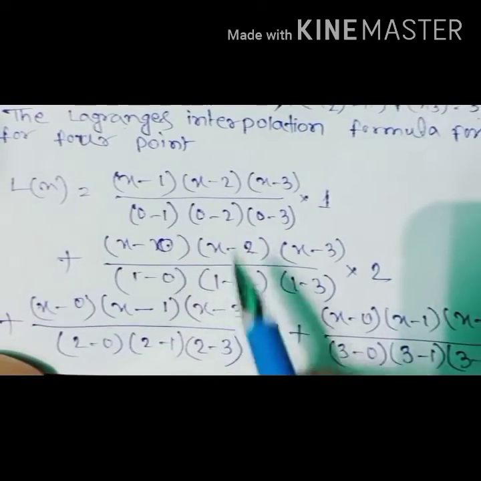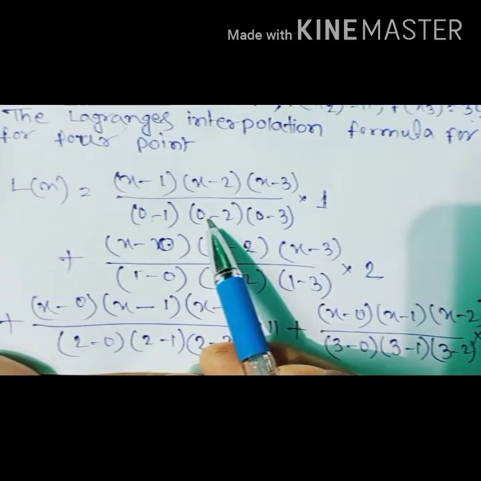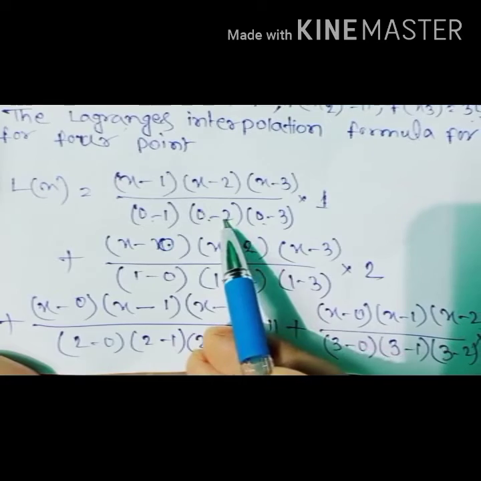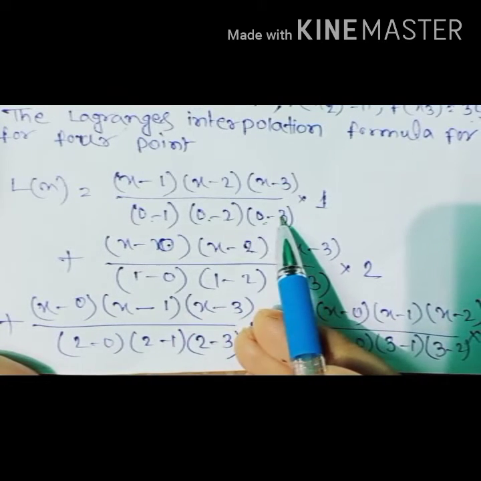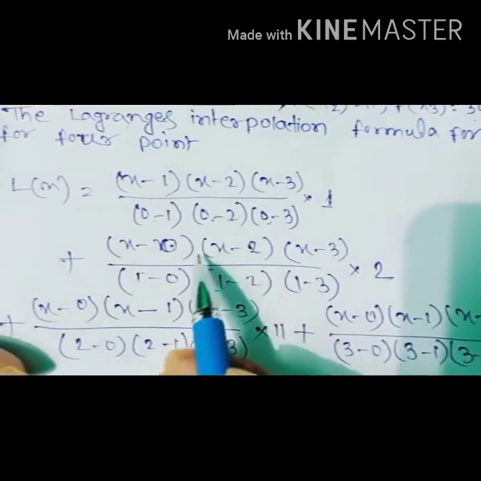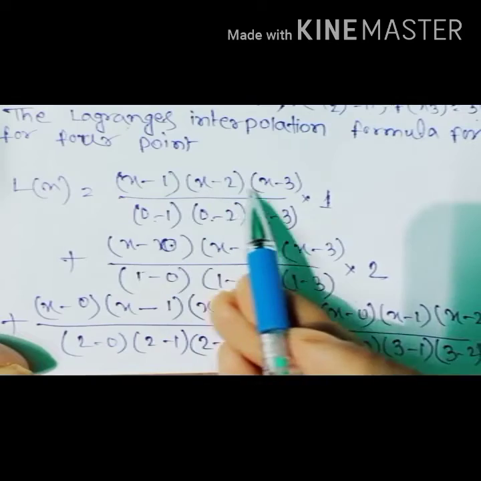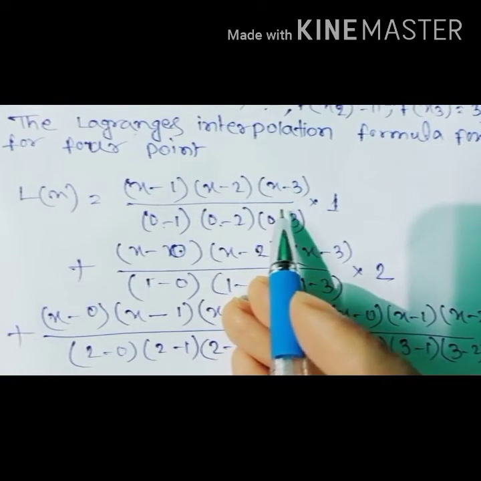Now calculate this: minus 1 into minus 2 into minus 3, minus into plus into minus means minus, 3 times 2 is 6, so the denominator will be minus 6, and here also you have to multiply and we'll get a result.